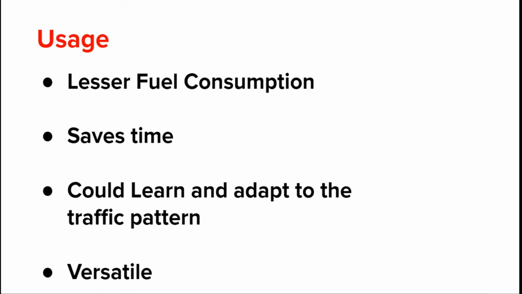And the next thing is our project could learn and adapt to the traffic pattern. Let's say that at 8 a.m. in the morning there are lots of vehicles passing by the signal, whereas during the night time at around 10 p.m. the number of vehicles passing the signal will be really less. This traffic pattern will be recognized by a thing called reinforcement learning.